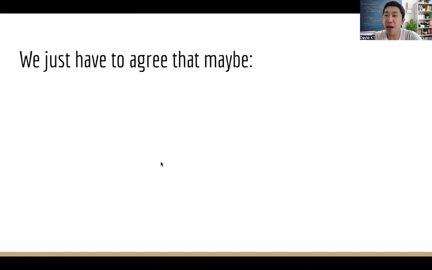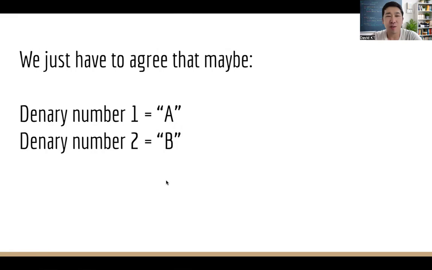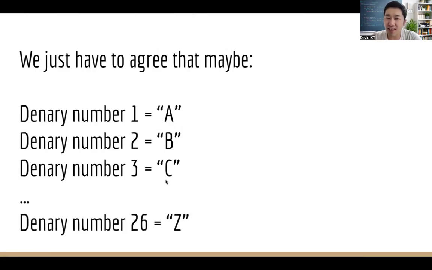So we'll just have to agree that maybe the decimal number 1 is equal to capital A, the decimal number 2 is equal to capital B, 3 is equal to C, and so forth all the way up to Z, which is 26. I know I said decimal, and it says denary here, but remember, they're the same thing.